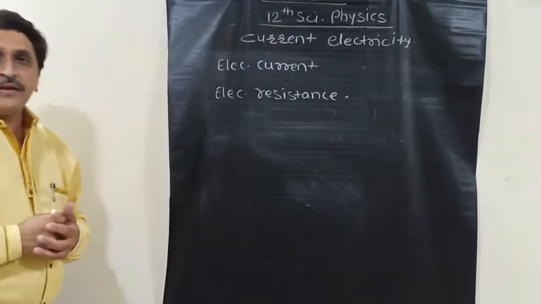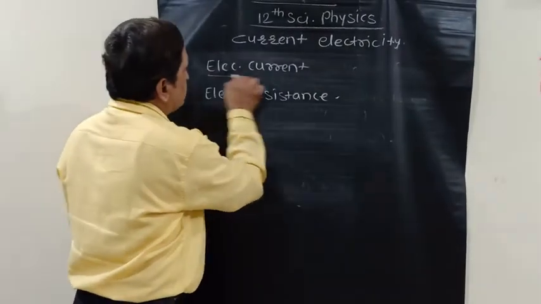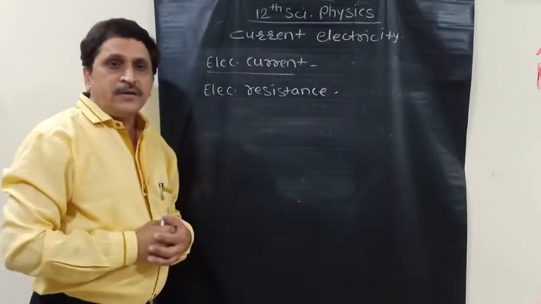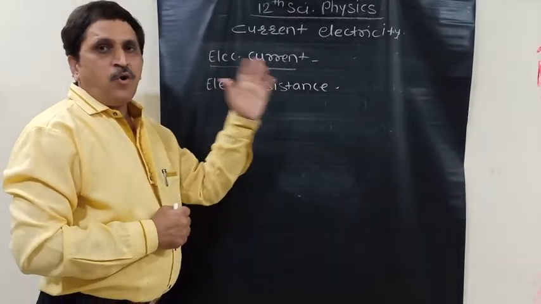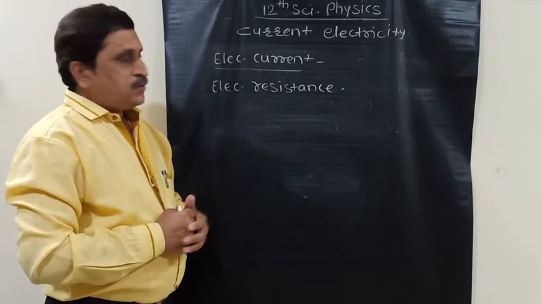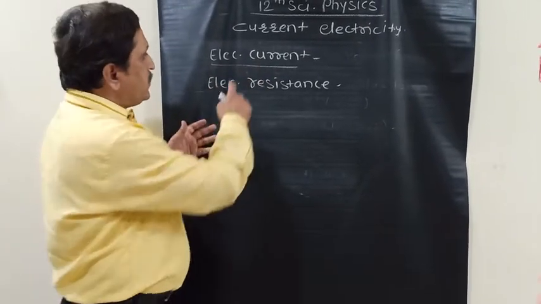Now what is meant by electric current? By the definition of electric current, we can say that electric current is nothing but the rate of flow of electric charge through the conductor. That is known as electric current.